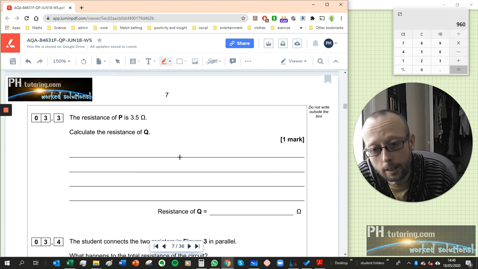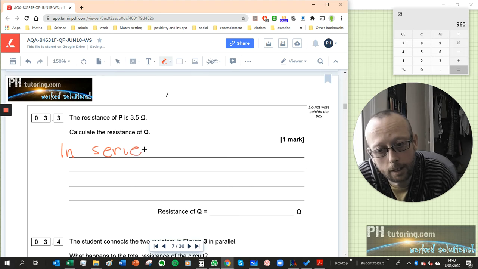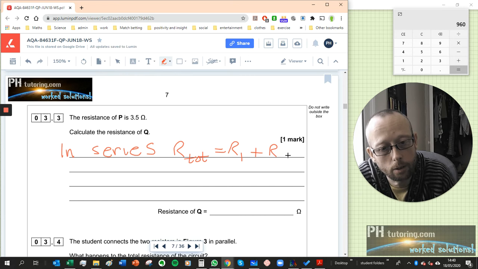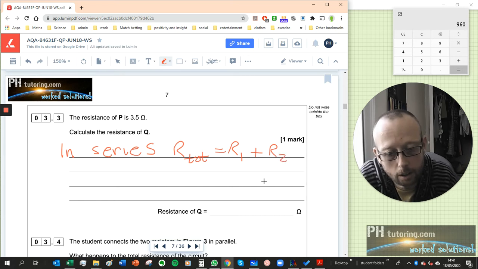Well, in series, just like the voltage, R total is equal to R1 plus R2, and so on, depending on how many resistors you've got.